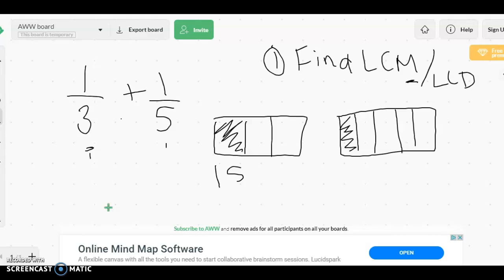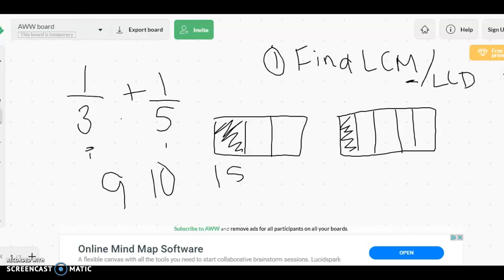Let's try it. So let's say 5 can go into 10, right? 5 times 2 is 10. Can I multiply 3 by anything to get to 10? What about, let's go smaller, what about 9? 3 times 3 equals 9, so that works. But 5 times what equals 9? Can you multiply 5 times anything and get to 9?